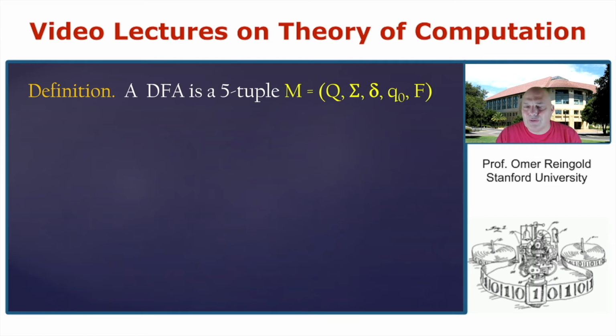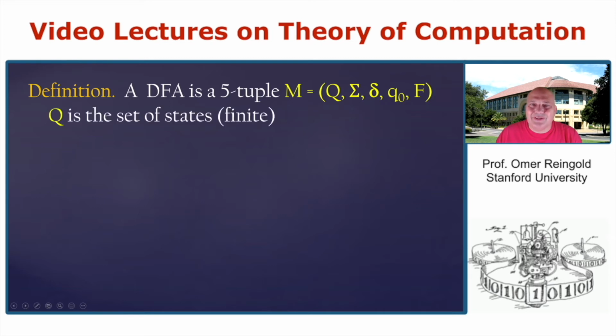The reason we're formalizing things is because we want to argue about them, but the actual formalization is pretty natural, and there is nothing particularly important about it. Still, let's do it. So these are the different ingredients that we need to specify in order to specify formally what is a DFA.